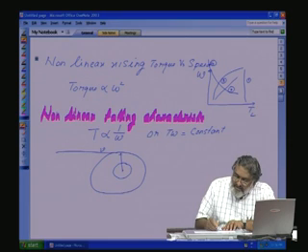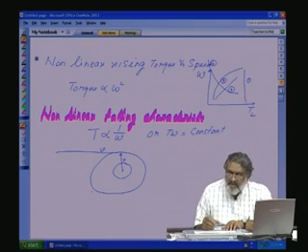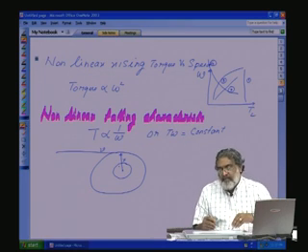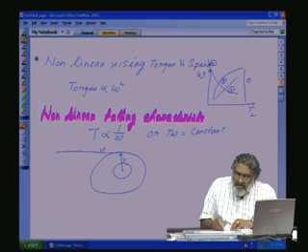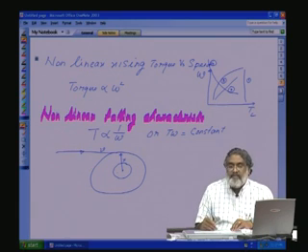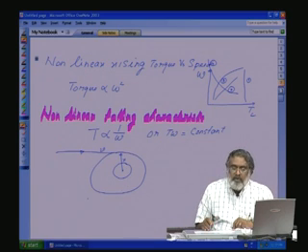This is the radius R. As the paper gets rolled onto the drum, the radius keeps on increasing. The paper is coming from the mill with a constant velocity, and the speed of this drum has to be adjusted such that we keep a constant tension, so that the paper gets rolled onto the drum properly.